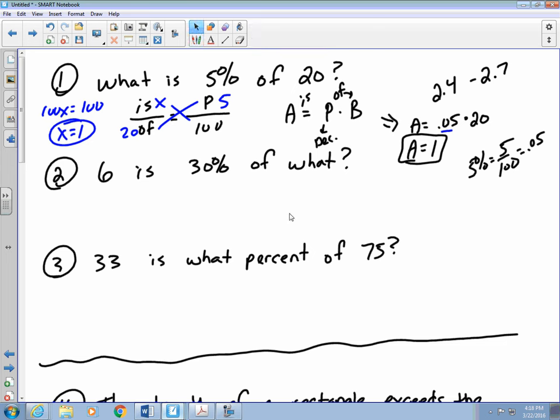So let's try both of these again using the proportion and the equation. I'll start with the equation because I think that's a little bit easier. This time we know the is, we just don't know the of. So 30% of what? And then I just have to divide both sides by 0.3. So 6 divided by 0.3 is 20.